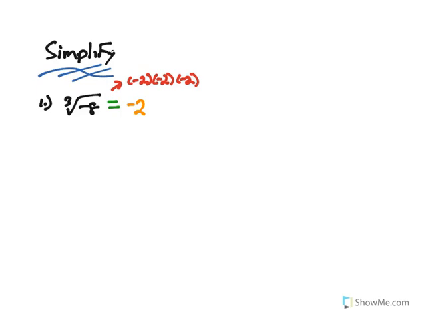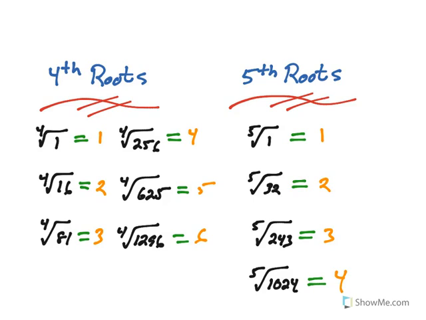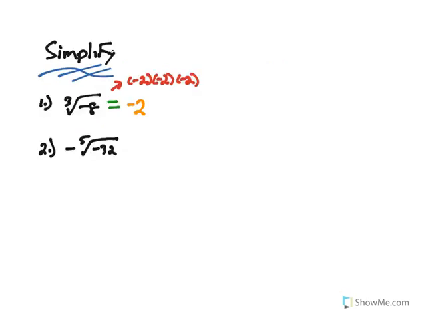Okay, let me write this down. All right, so we want to take the fifth root of 32. Remember, the fifth root of 32 is going to be 2. Remember, the negative stays on the outside.